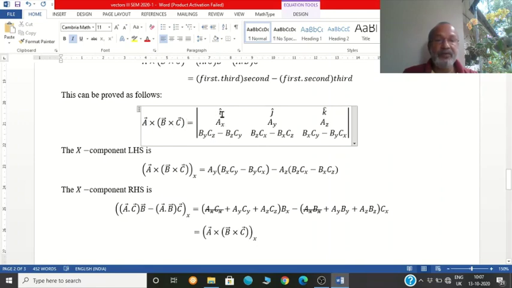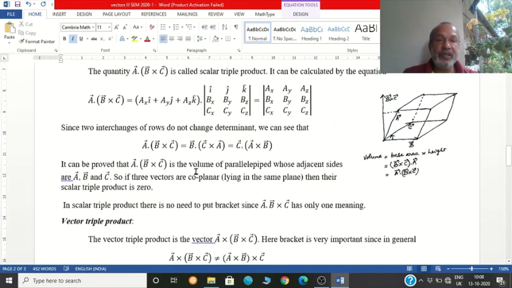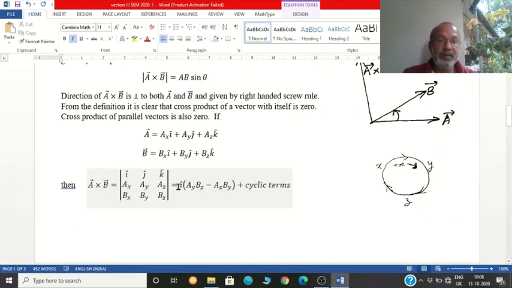So in the first row I have to write ijk. In the second row I have to write the components of the first vector, and in the third row, you have to write components of B cross C. For writing the components of B cross C, we can use this result.